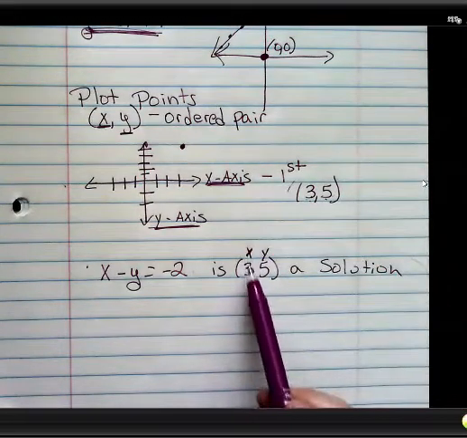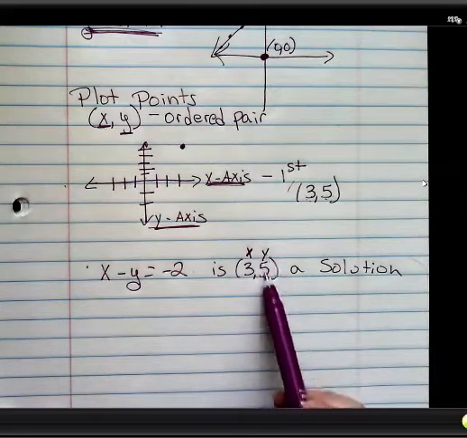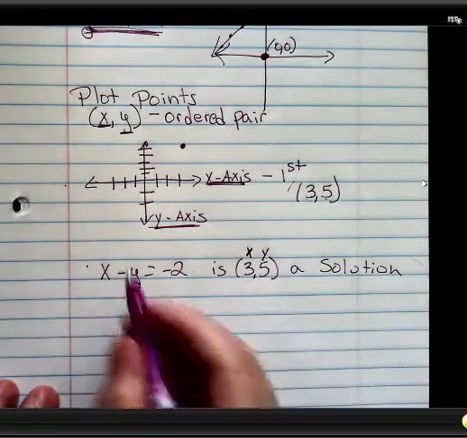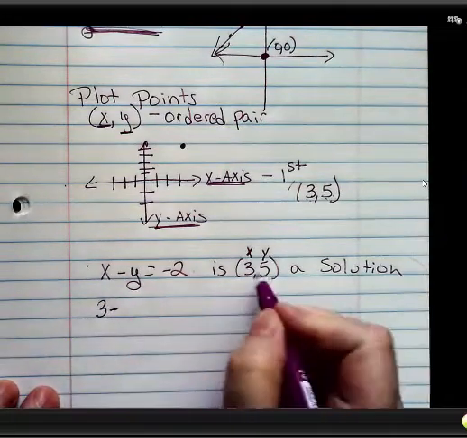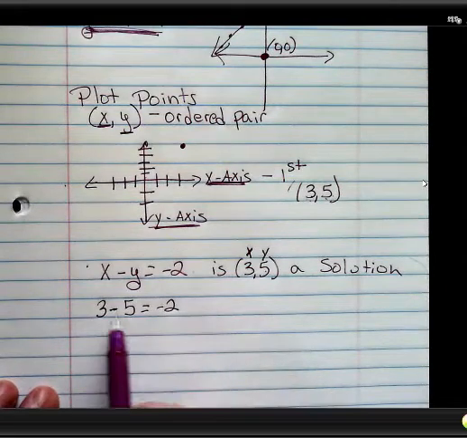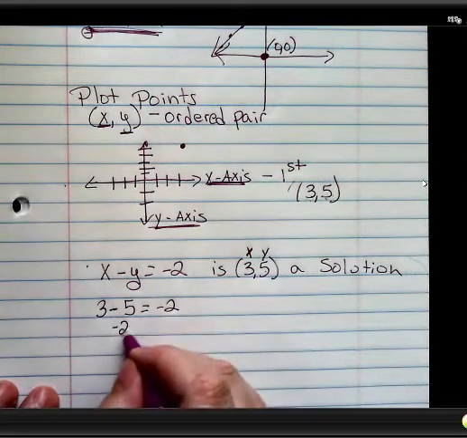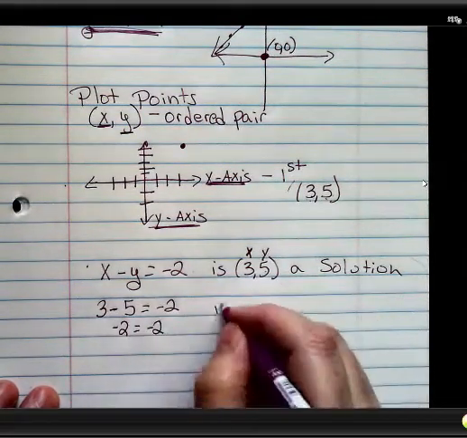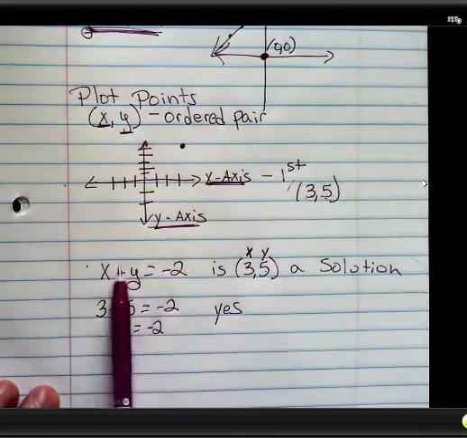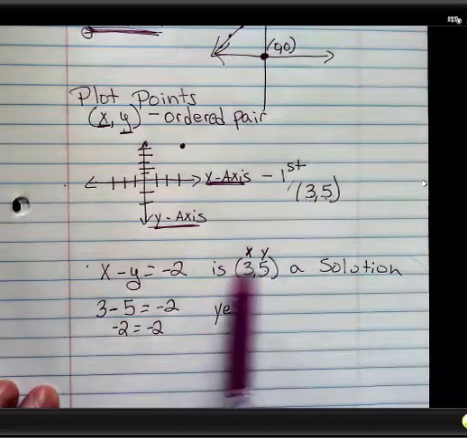Remember, our 3 is our x, and our 5 is our y. So wherever x is, I'm going to put a 3, and wherever y is, I'm going to put a 5. So 3 minus 5 is negative 2. So yes, if I graphed this line, this would fall on that line.